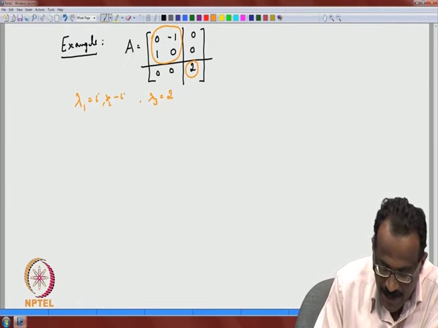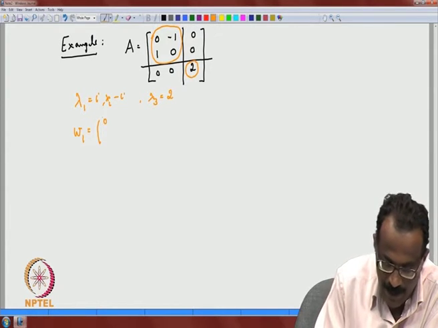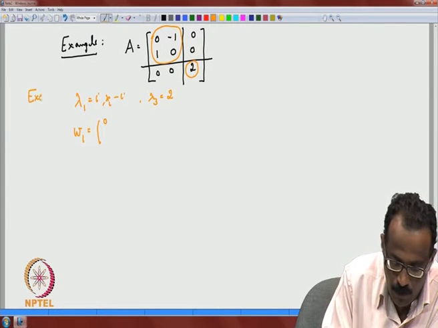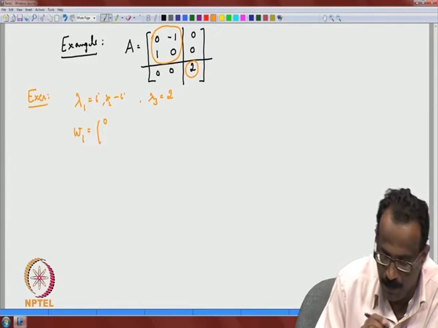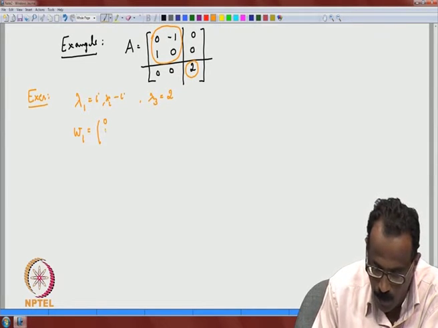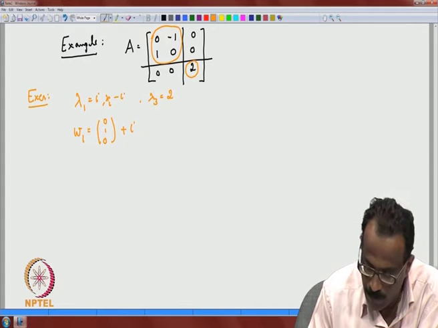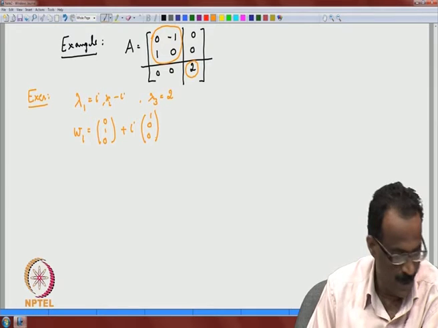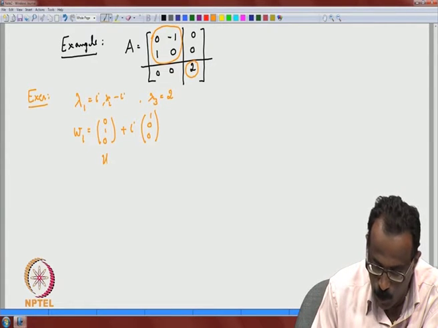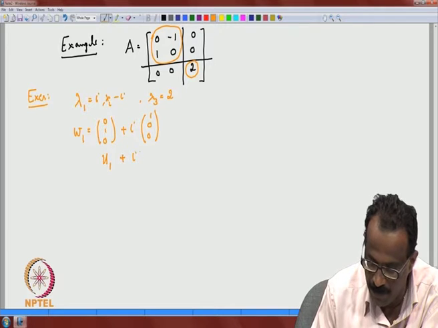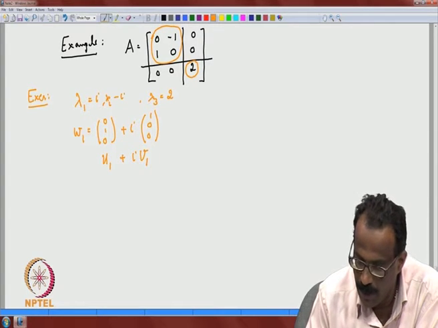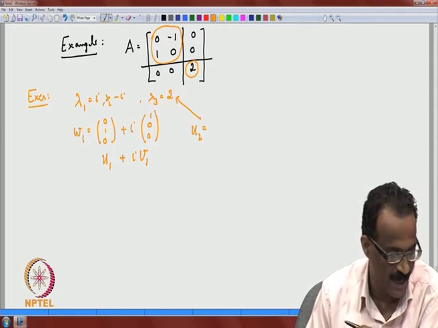And you can also see your eigenvectors. You have 0, 1, 0 plus i into 1, 0, 0, and that we will call u1 plus i v1, and corresponding to this you have another vector u2, because that is a real eigenvalue.